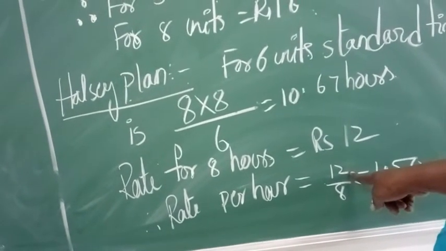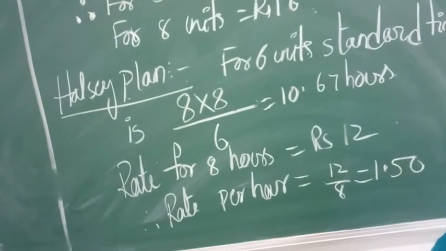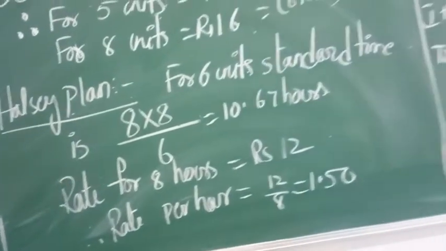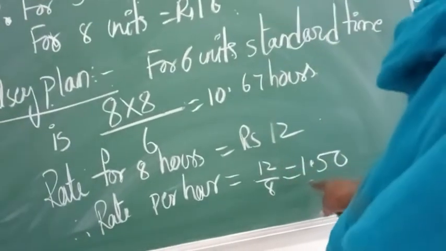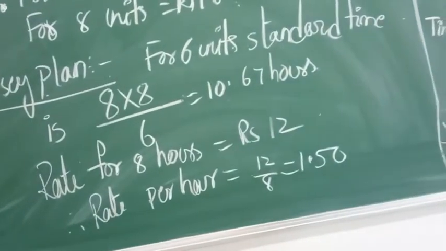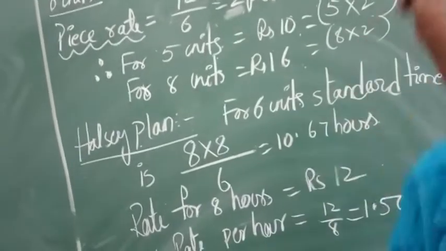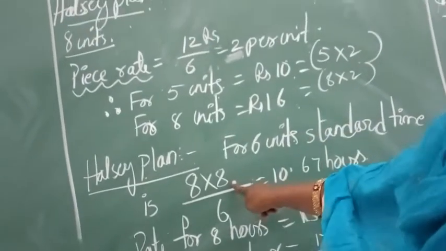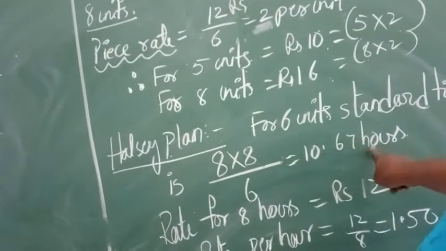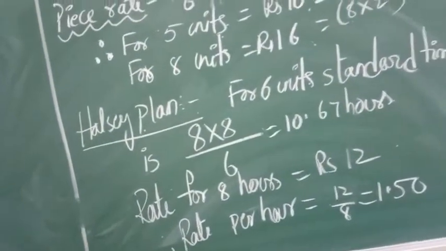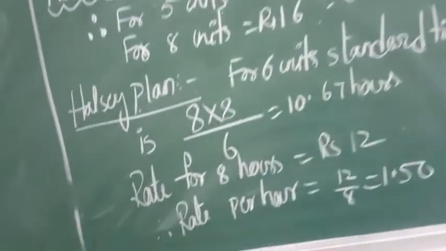For the whole day, 8 hours, it is 12 rupees. For 1 hour, 12 divided by 8 is 1.50. Then 1.50 into 8 hours gives you 10.67. Clear? This is the second problem in your textbook.